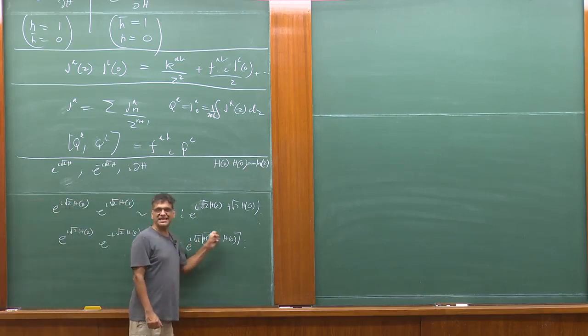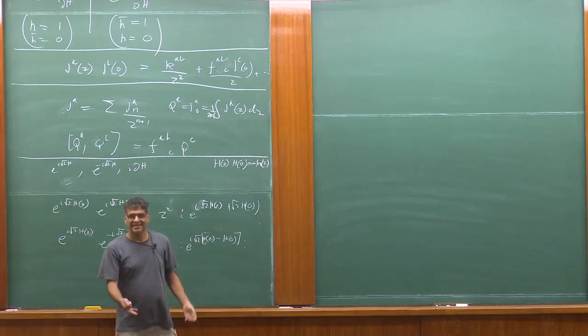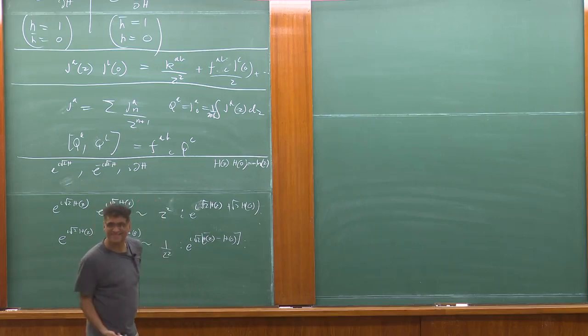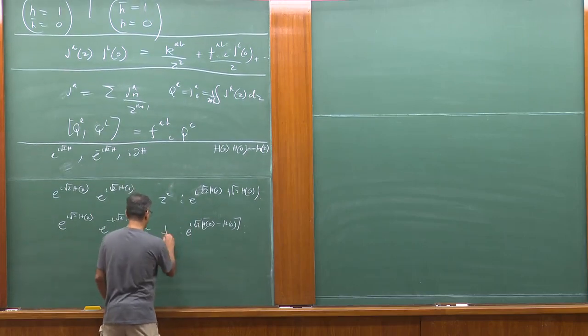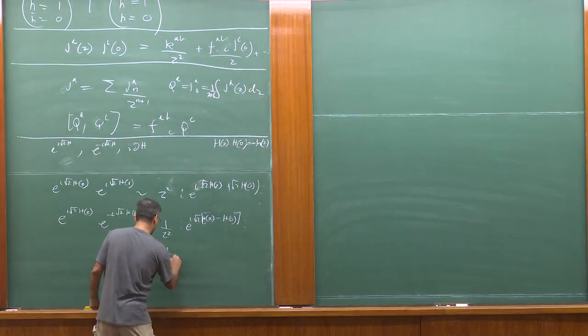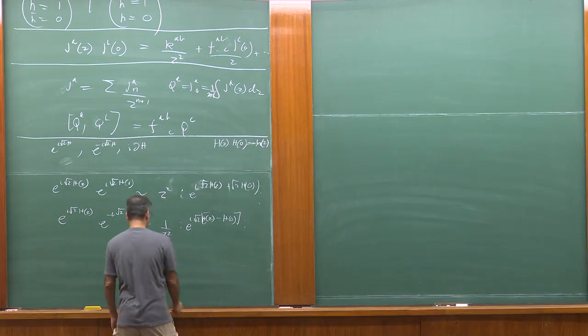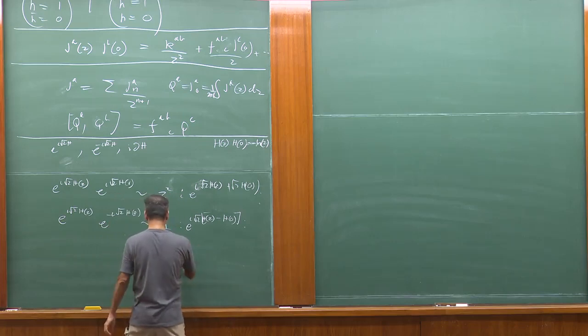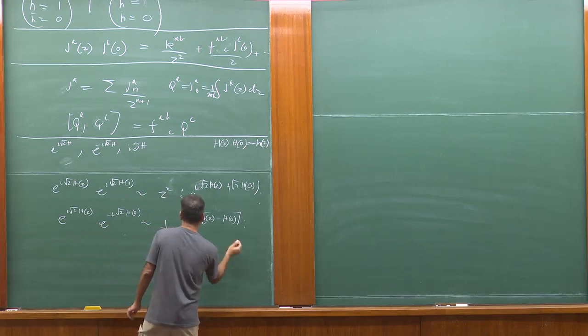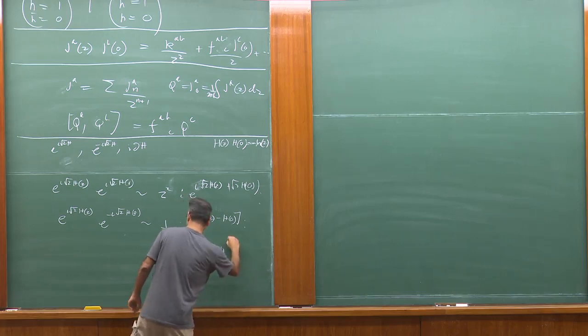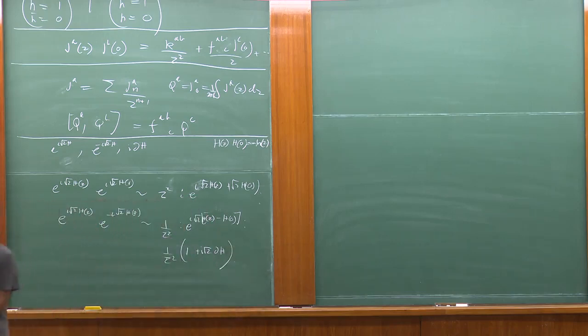So this h of z is h of 0 plus z del z h. Bring it down to first order. So we get 1 by z squared into 1 by z squared into 1 plus I square root 2 del h of z, thank you.